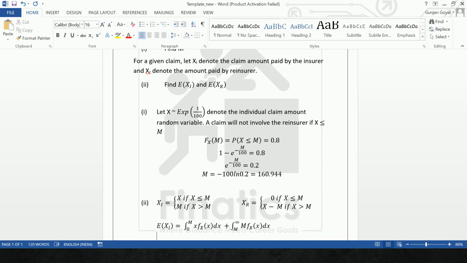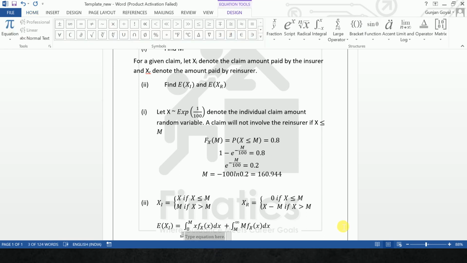Then we'll press tab, equal to, again alt equals, you need to solve this.